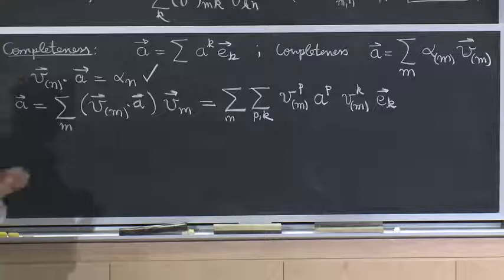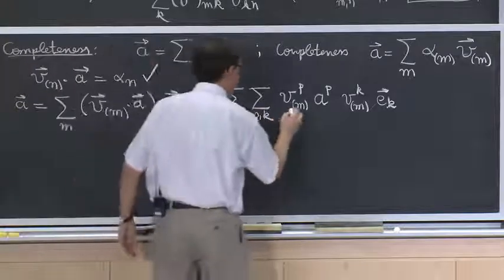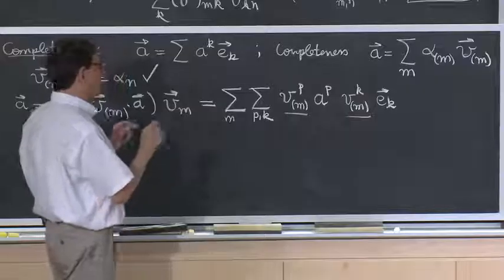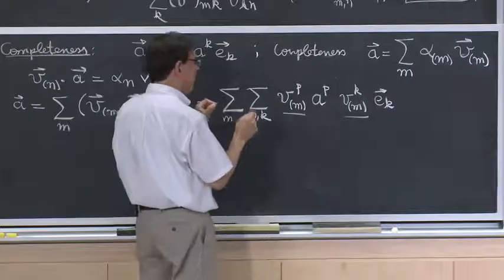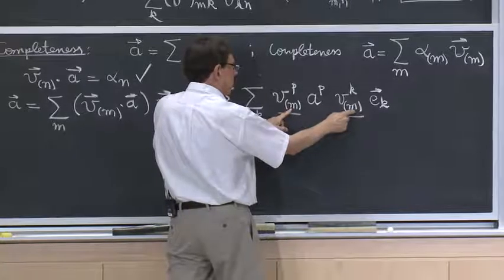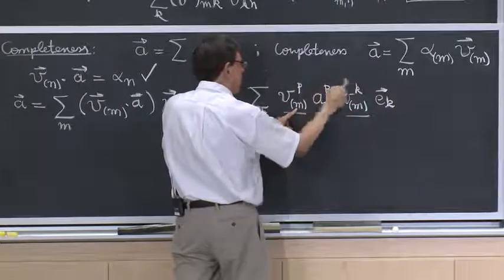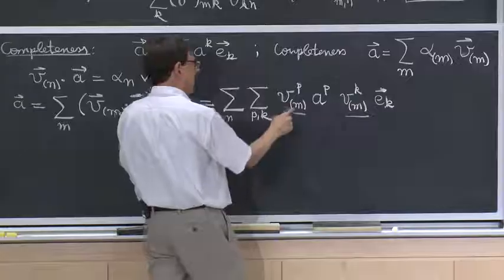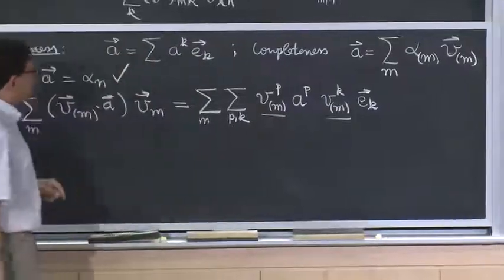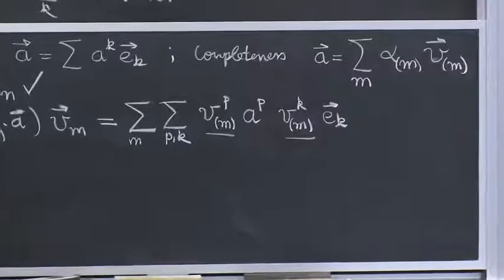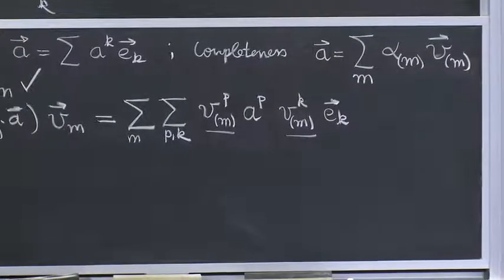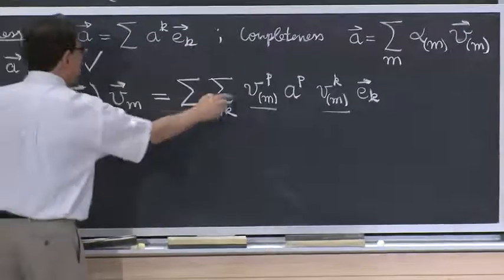The thing that we want to keep together is this thing. Begin to notice that while in orthonormality we had these two labels being different and summed over components, we're now summing over the different vectors. So this is something we want to keep in plain sight. So let's write these sums by pulling the m out.